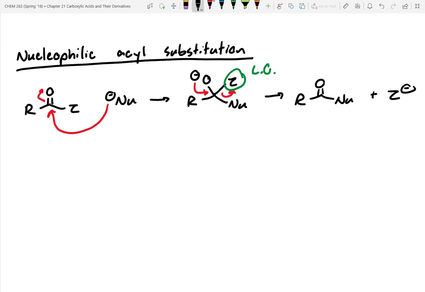Does that make sense? The most important thing to remember is that you have to go through the tetrahedral intermediate in the middle, and Z needs to be a good leaving group. Let's make a note too that this reaction is more favorable if Z is a good leaving group.